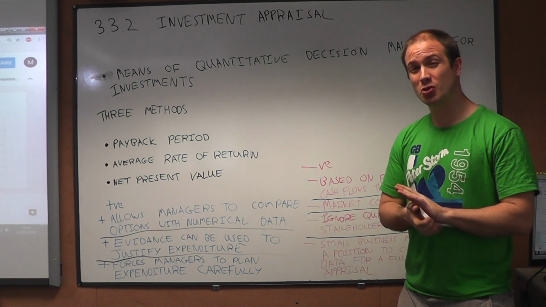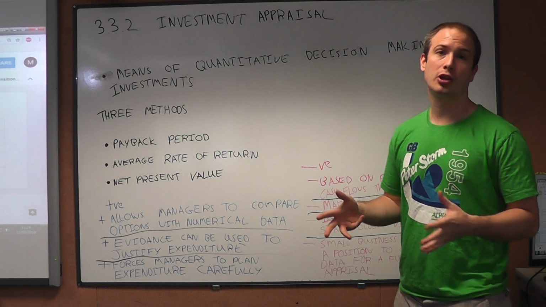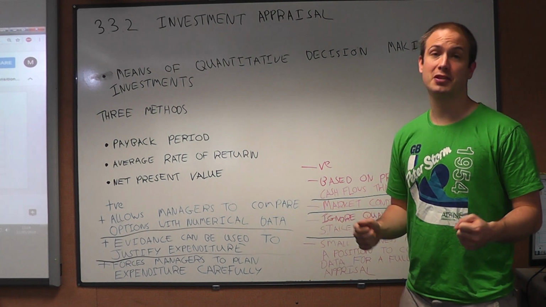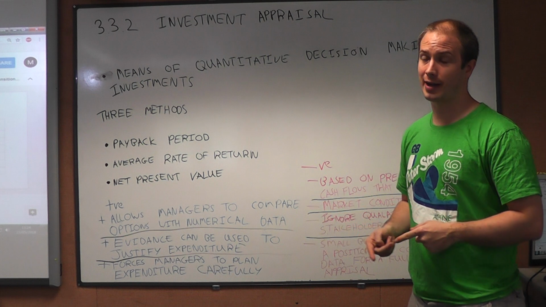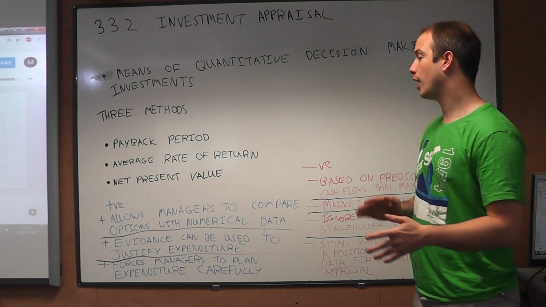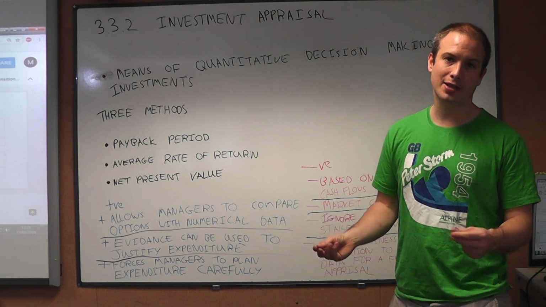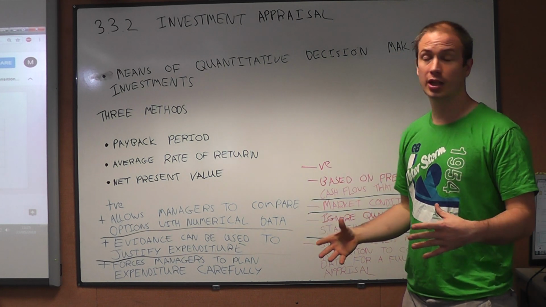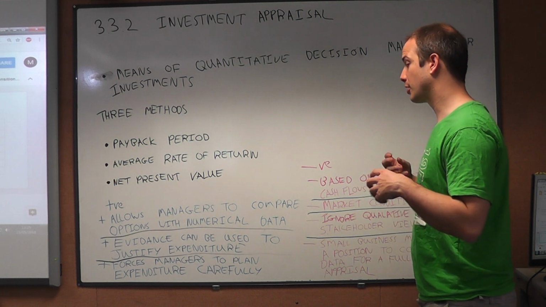Evidence can be used to justify expenditure. What we mean by that is, ultimately, if a manager has made a large investment and it's not paid off, they're going to have to go in front of the board of directors, and the board of directors are going to say, "Why did you make that investment? It's not paid off." Now, if the manager can put it in front of them and say, "This was our investment appraisal. We think at the time it looked like a good investment, and unfortunately it hasn't paid off," it's going to sound a lot better.